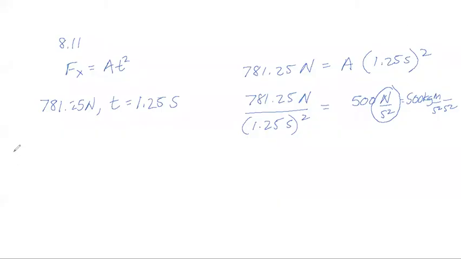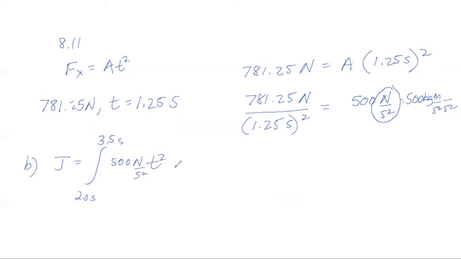Okay, for the impulse, for B, we're going to use J equals the integral from 2.0 seconds to 3.5 seconds of 500 newtons per second squared times t squared.